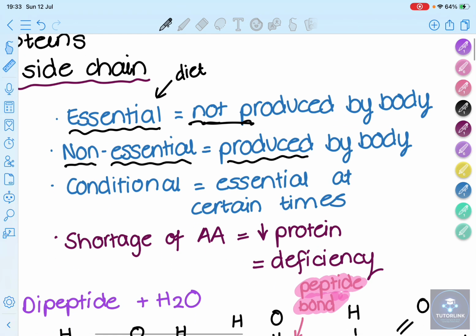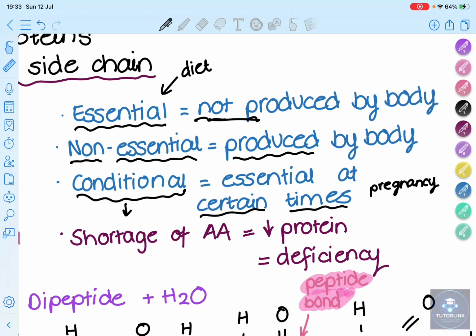All right, then the third type of amino acid we have is conditional amino acids. So basically, conditional amino acids are produced by the body, but they're usually produced in lower amounts. Then during certain times, for example, pregnancy, we need more of these amino acids, so they become essential, basically.